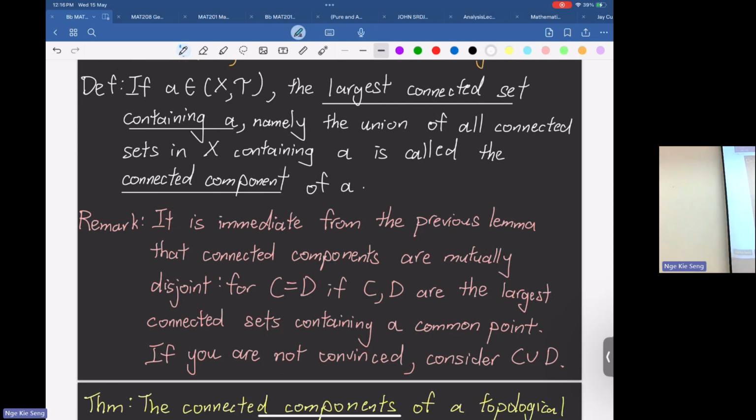A lot of you wrote that an open set can be written as a countable family of intervals, and for every x you find the maximal one. That is what the largest connected set is doing. How do you construct it? You take the union of all the connected sets that contain A.